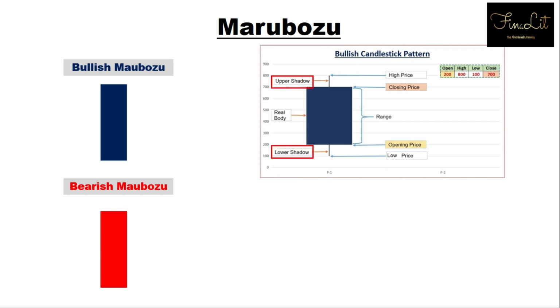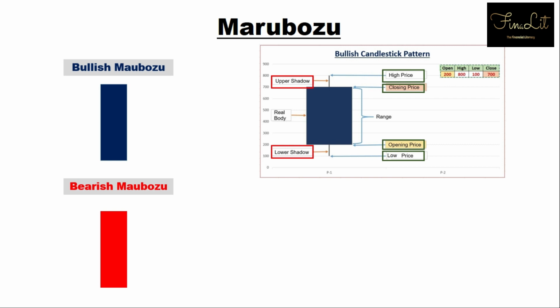The absence of the upper and lower shadow in a bullish Marubozu implies that the low price is equal to the opening price and the high price is equal to the closing price. Hence, whenever open equals low and high equals close, a bullish Marubozu is formed.